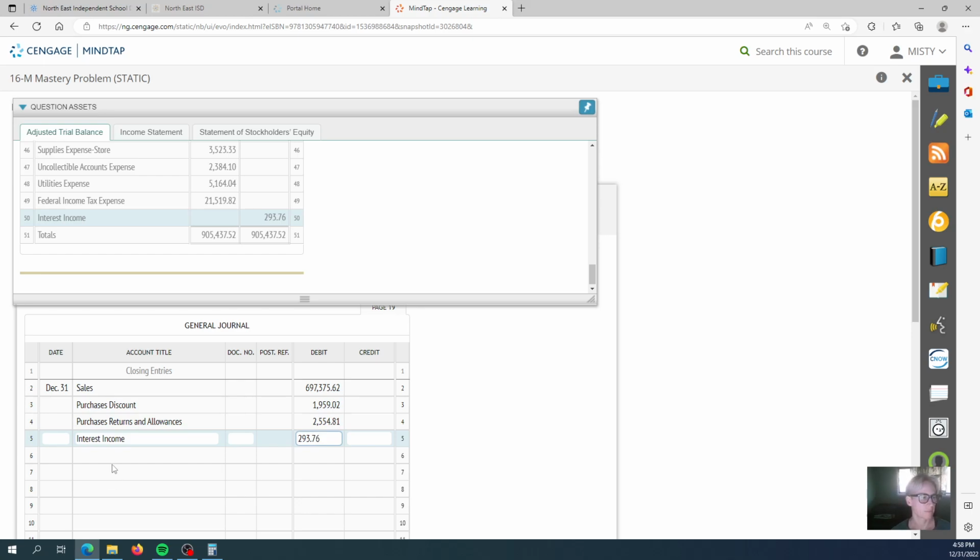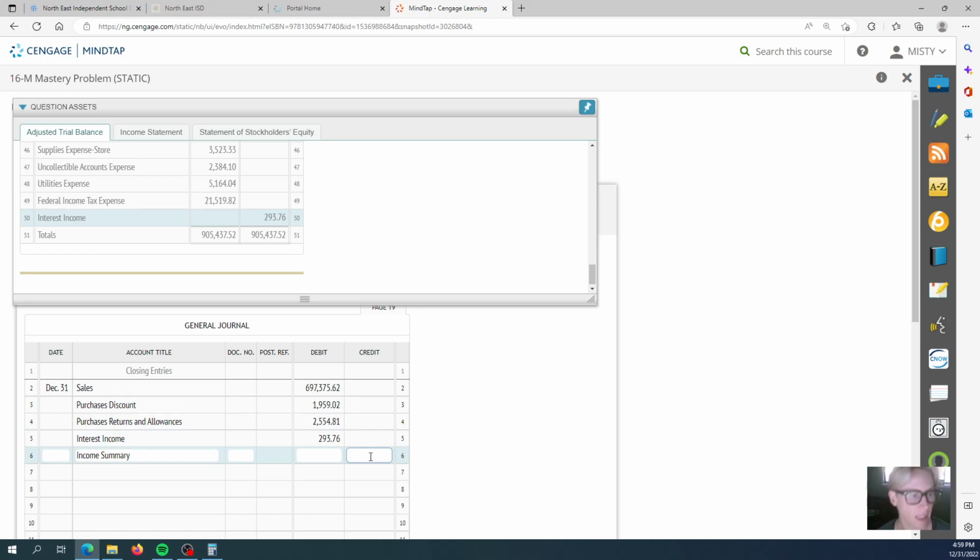All right. We have all of our debits. Now, what is going to be our credit? Well, we're going to credit the income summary, right? Because we need to zero out all these balances. And so our income summary is going to be the total of this plus this plus this plus this.